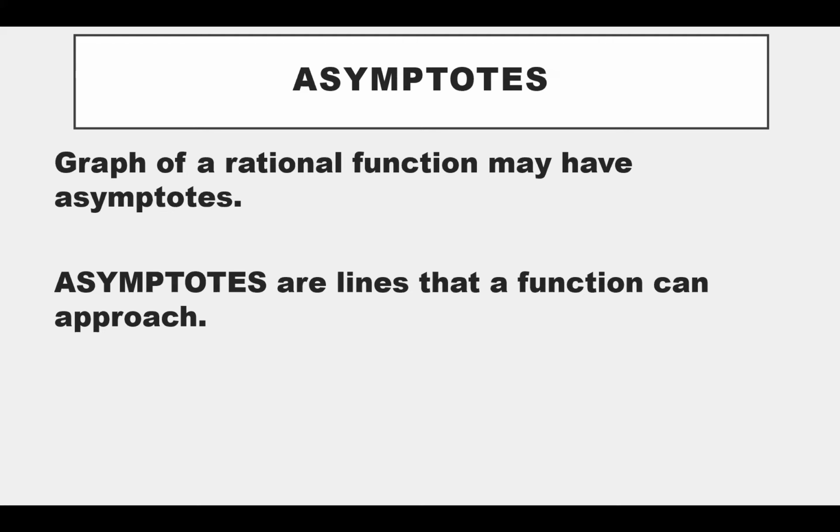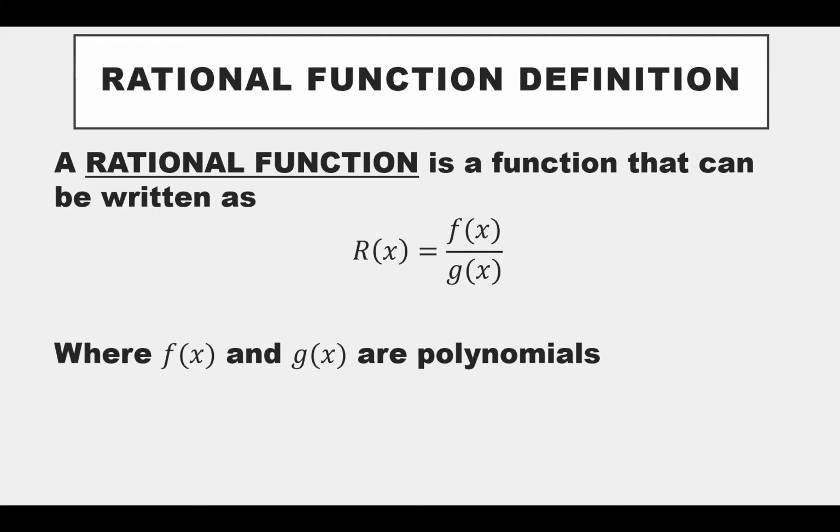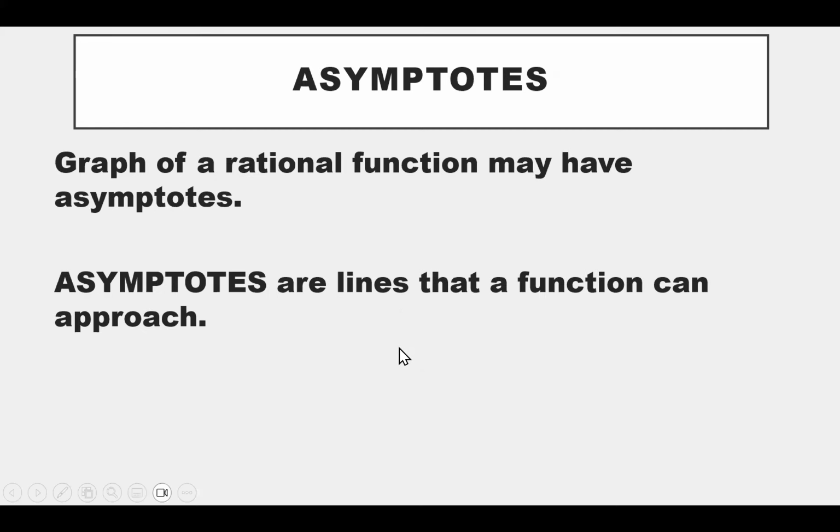Now, there's a lot of interesting things about rational functions. One is that the graph of a rational function may have asymptotes. Asymptotes are lines that a function can approach.